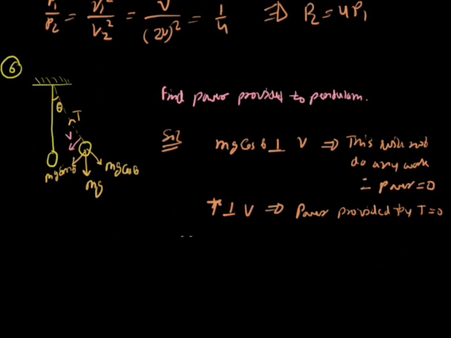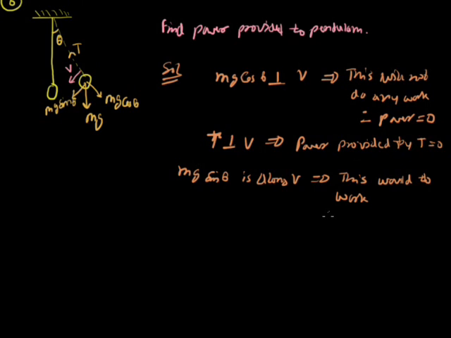So power provided by T is also 0. Now we will see that mg sin theta is along v, so this would do work and provide power.